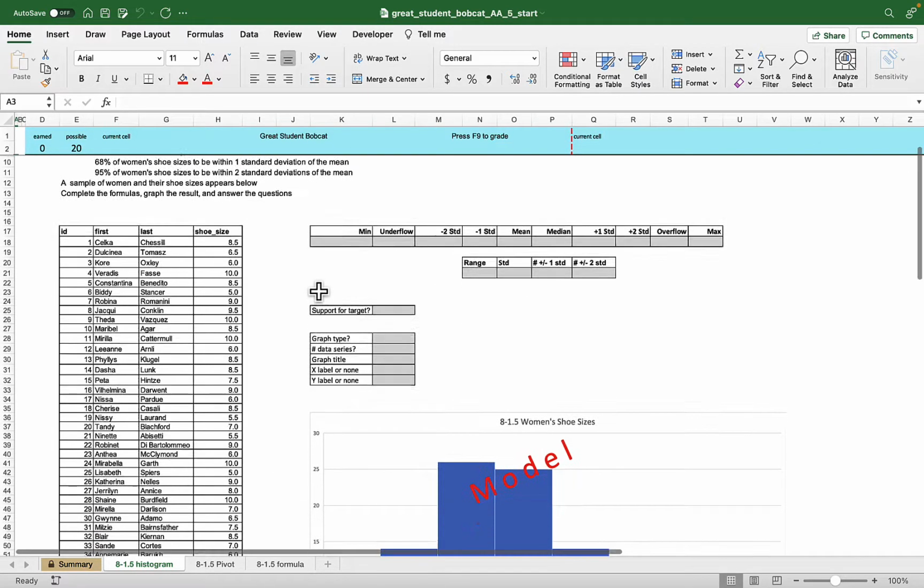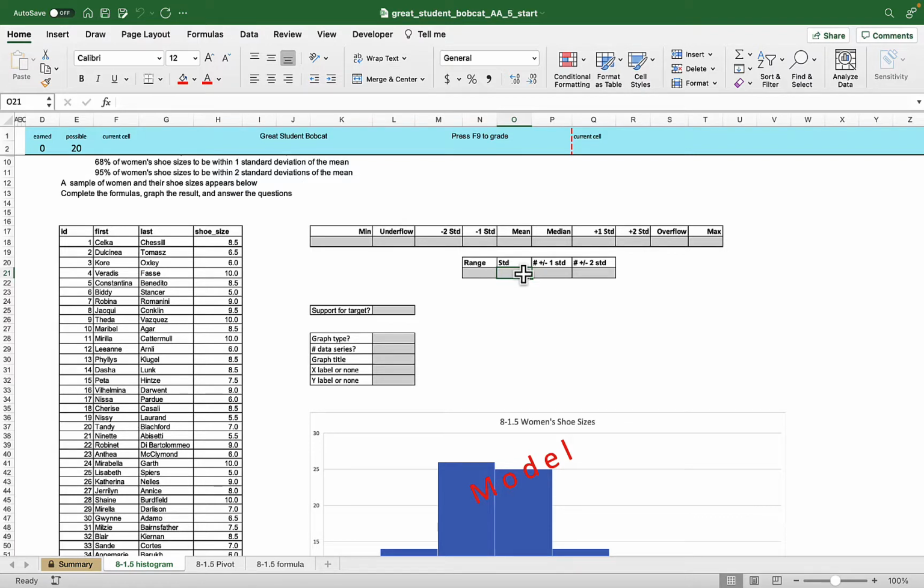Very similar to the prep, always start out with the easy wins. Calculate the min value, the max, the mean, the median, the range, which is the max minus the min, and the standard deviation. Remember this is a sample, so it's STDEV.S for sample.